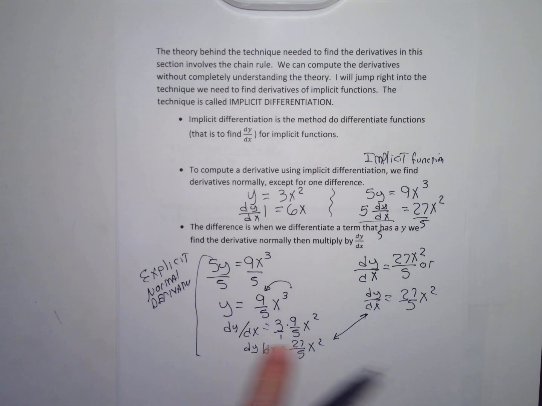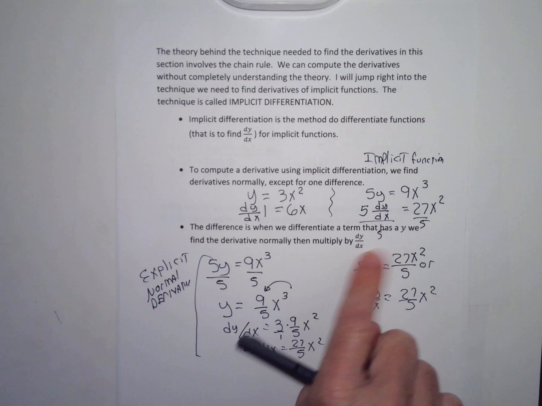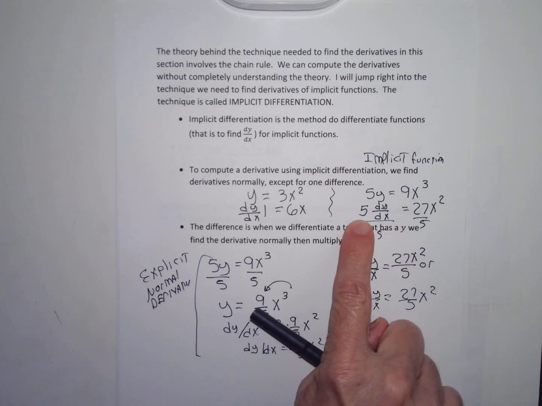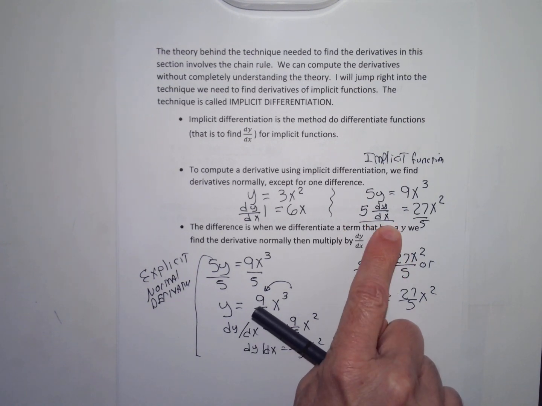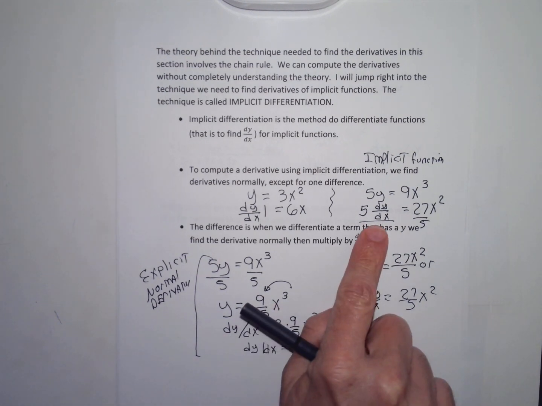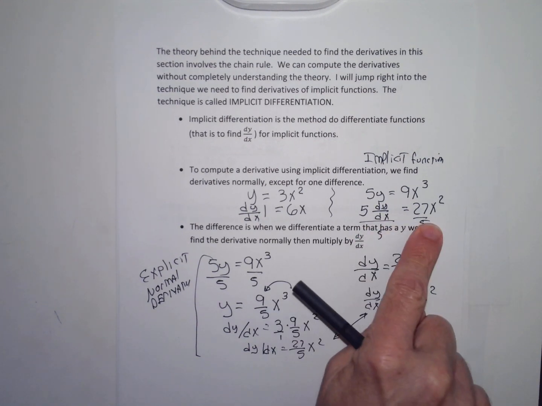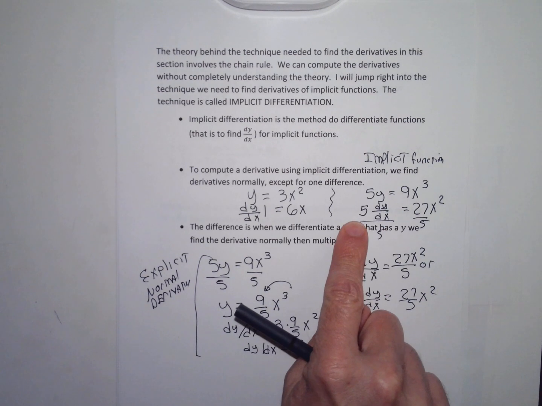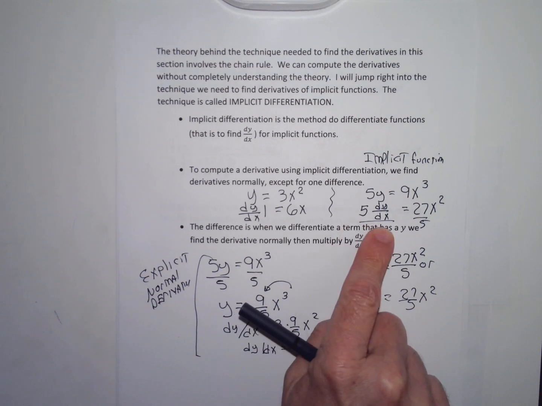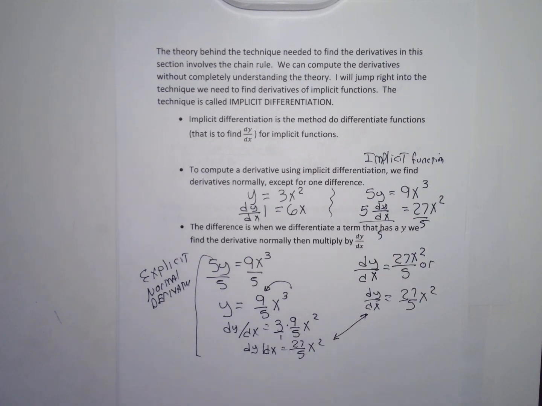We're going to do almost exclusively implicit differentiation, and that's just a regular derivative with the extra bit that if we take the derivative of a term that has a y, after I take its derivative, I tack on a dy/dx. And then my answer needs to be what dy/dx equals. So after I compute my derivative, doing the derivative of the x's normally, doing the derivative of the y normally but tacking on a dy/dx, I need to do the algebra to solve for dy/dx, and that's going to be my answer.